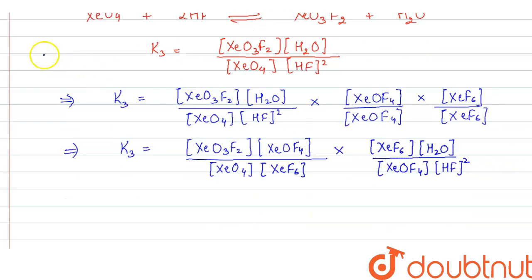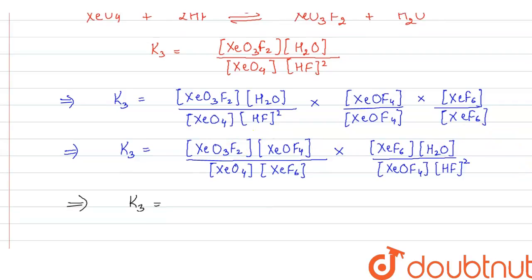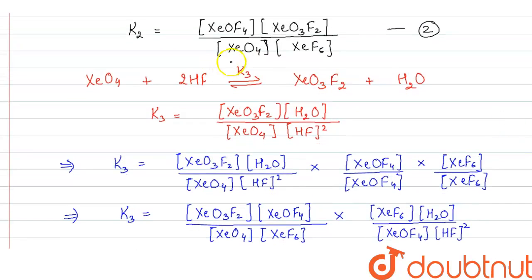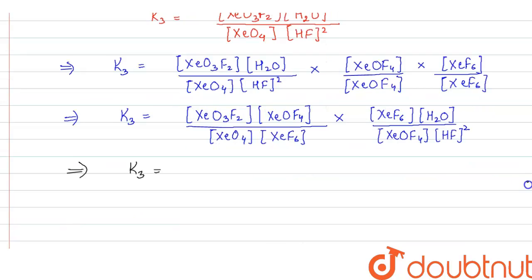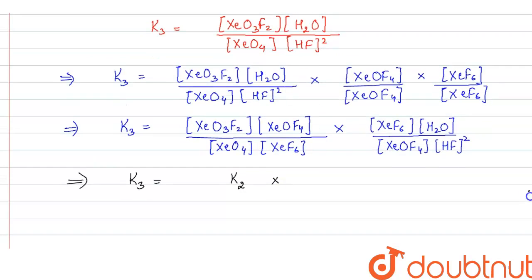Now, from here, K3 will be equal to, if you look at the first term, it is equal to K2. As you can see, this term is K2 into, if you look at the second term and compare with K1, then you will realize that this is 1 by K1.